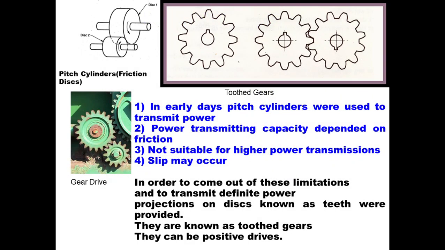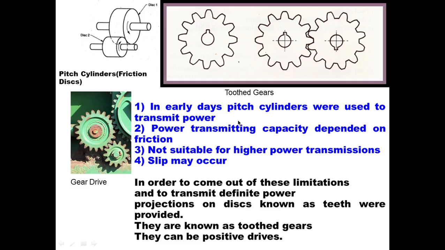Now here you see the diagram, these are pitch cylinder friction discs. Now these are toothed gears. In early days, pitch cylinders were used to transmit power. Power transmitting capacity depends on friction. Not suitable for higher power transmission, slip may occur.